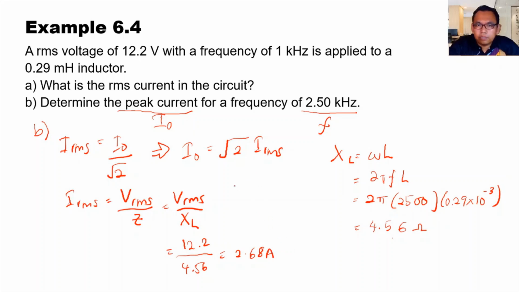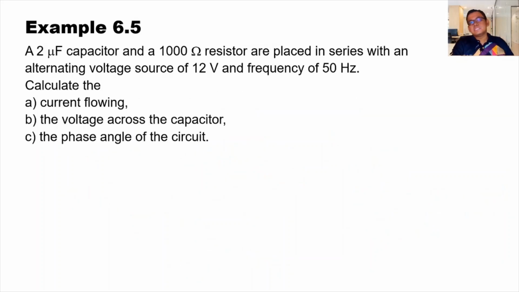Then we substitute in this equation to find peak current, and we get the answer 3.79 ampere.